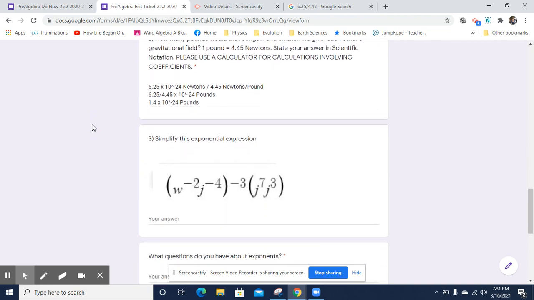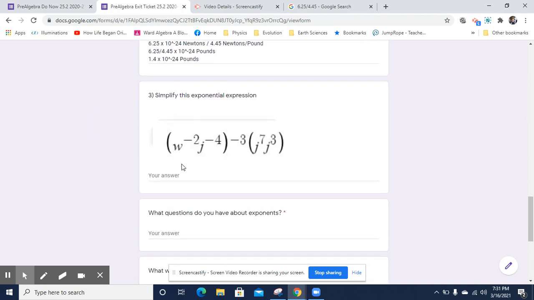And let's simplify this expression here. We've got a w to a power, and we've got some j's as well. I'm going to deal with the w first because that's just one thing. So that's w to the negative 2, to the negative 3 power, because between here and here is a power law.